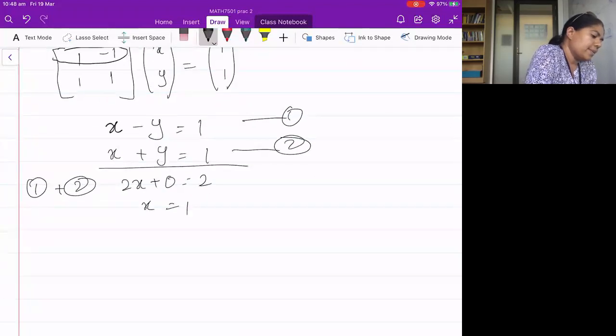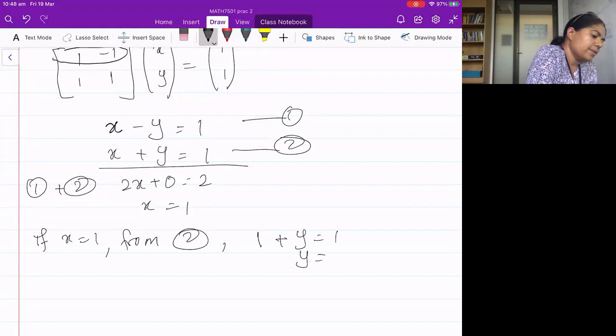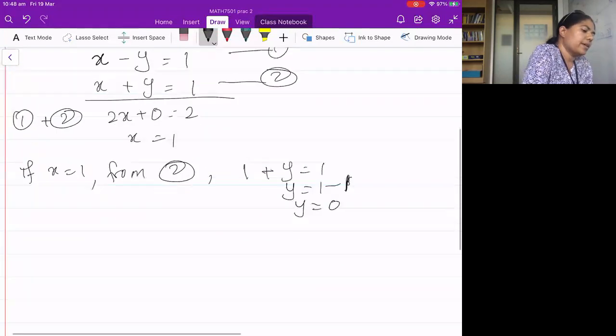When x equals 1, from equation 2 you can substitute it. You get 1 plus y equals 1. So y equals 1 take 1, y equals 0.